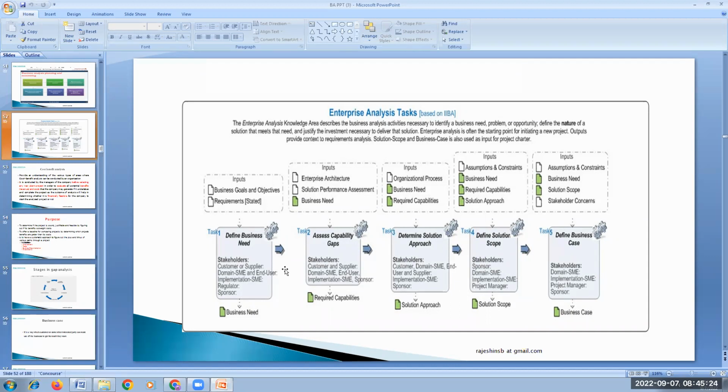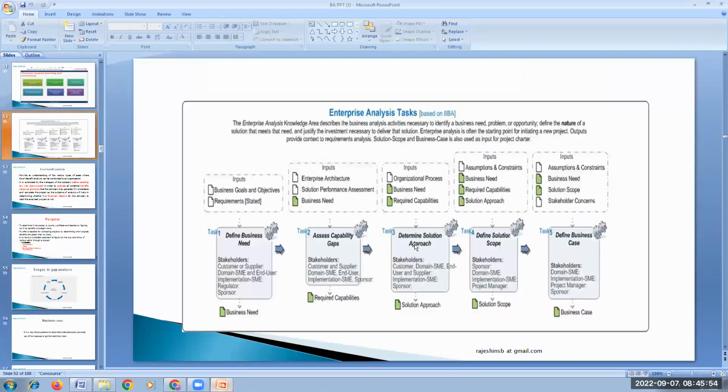Whereas the fourth point is that you need to define the solution scope. Scope is nothing but possibility. What are the possibilities we have to provide the solution is what we have to see. If you want to define a solution scope, the very first thing we need to know is assumptions, constraints, and dependencies. These are the three different things.